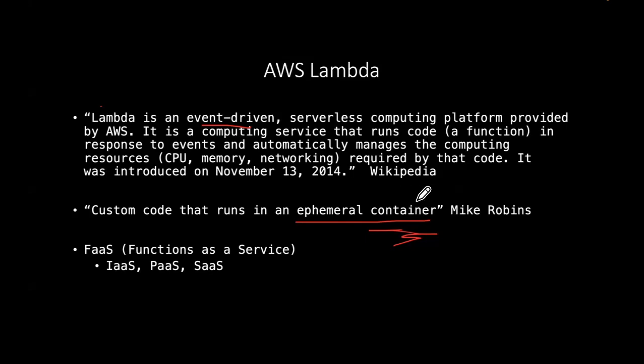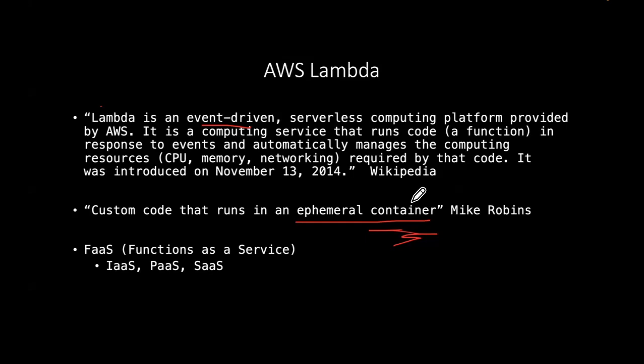Now, I am using the word container here. When you read about the Lambda service, it uses the term micro virtual machine or micro VM. So maybe we could substitute that for container here. We don't want to be confusing it with Docker containers, although a micro VM, a micro virtual machine, and a Docker container are not that different at one level.